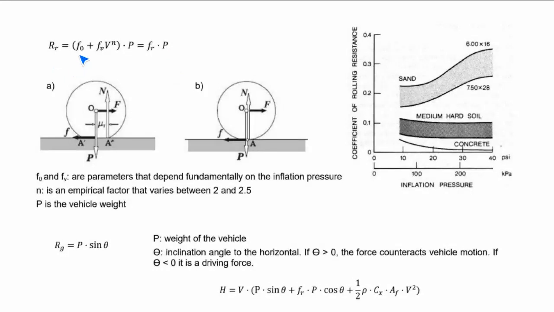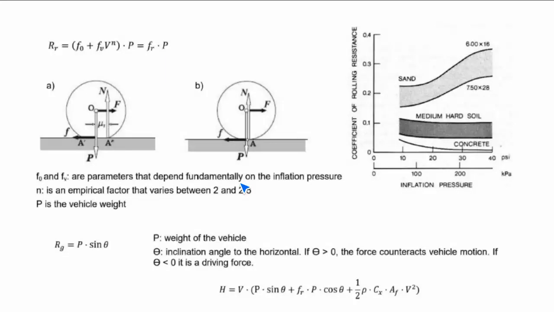For example, we can define F0 and Fv as parameters that depend fundamentally on the inflation pressure. Okay, and you can see here as a power, n is an empirical factor that varies between 2 and 2.5. You can select one of them. Also, P is the vehicle weight. Actually, it means P times Fr. P is the mass of the vehicle. Fr is a parameter.